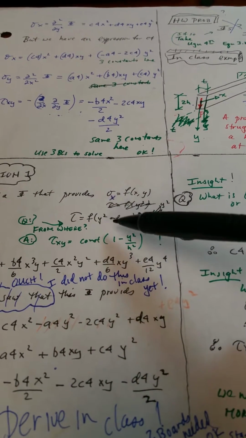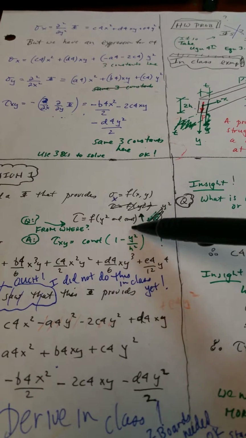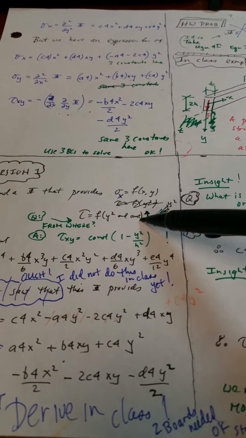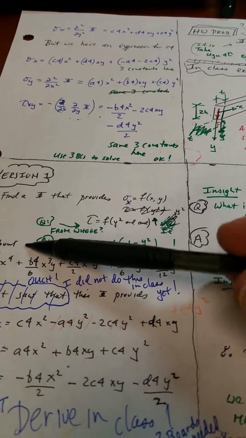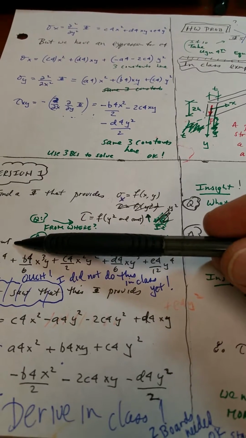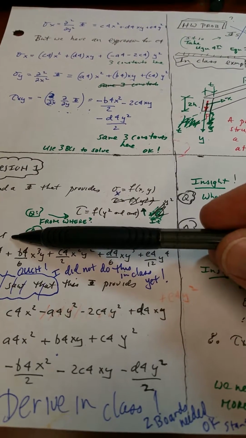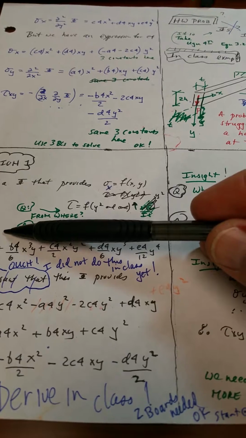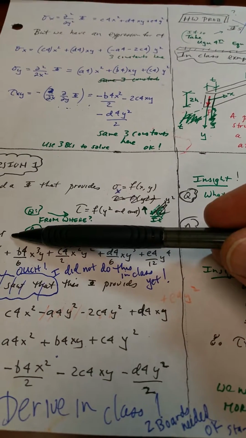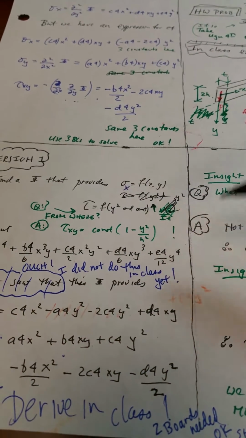Tau is a function of y squared and a constant. Now, I'd like you to find out, where did you get that from? So go ahead and hit the pause button and find, where did you see that tau was a function of y squared and a constant?